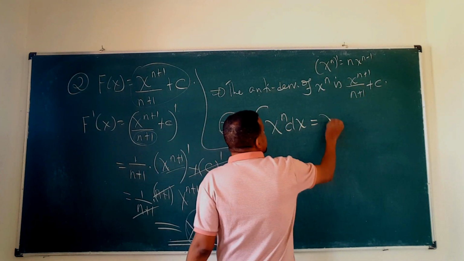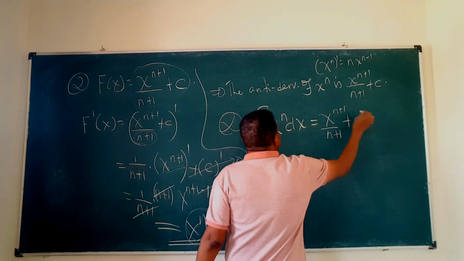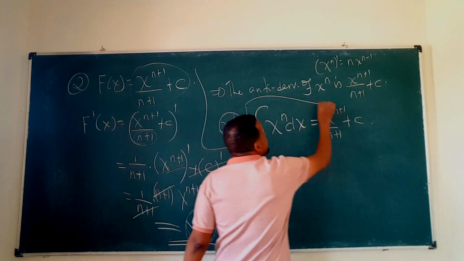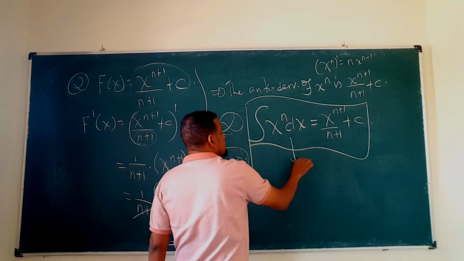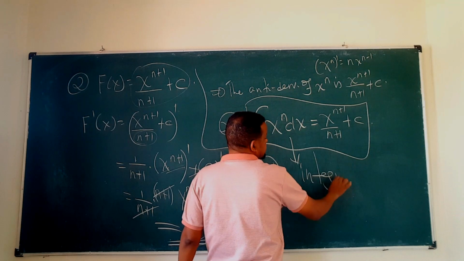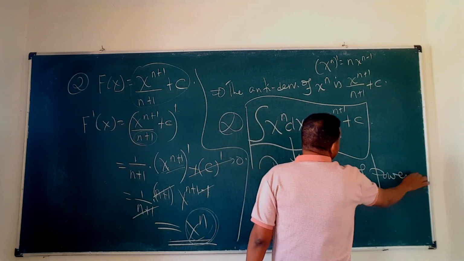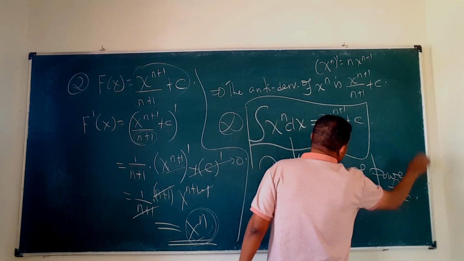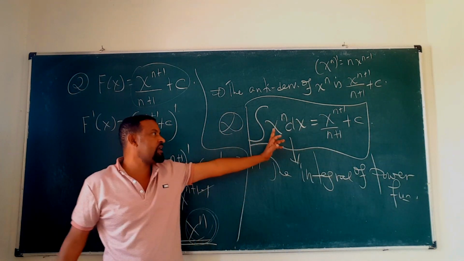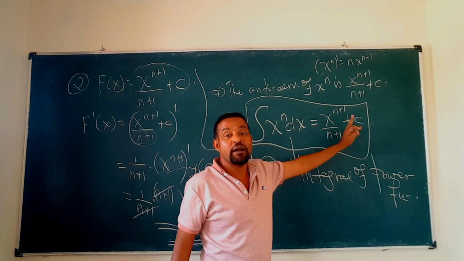So this is the indefinite integral of the power function. The indefinite integral of x to the power of n dx is x to the power of n plus 1 over n plus 1 plus c.